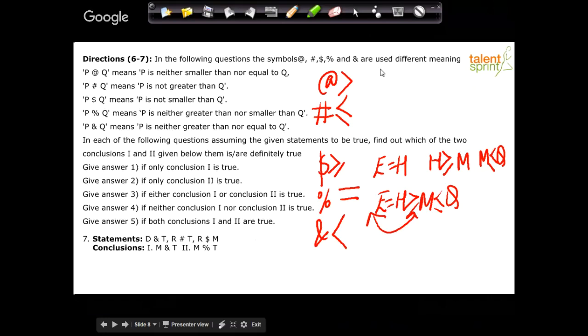Okay, now if we look at this slide, there is again a set of statements that we have to analyze.